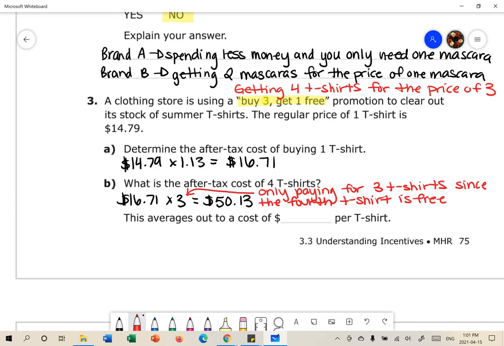So paying $50.13 for 4 t-shirts, how much is that for one t-shirt? I'm going to take my $50.13 and divide it by how many t-shirts I'm getting. I'm getting 4 t-shirts. So that's $12.53 per shirt.